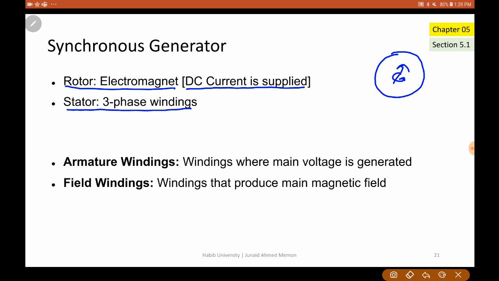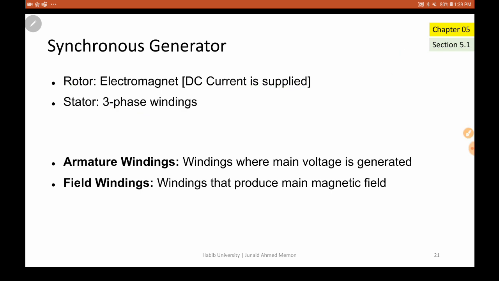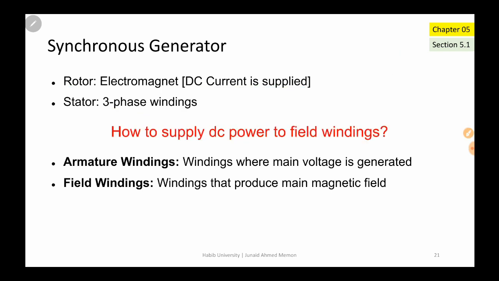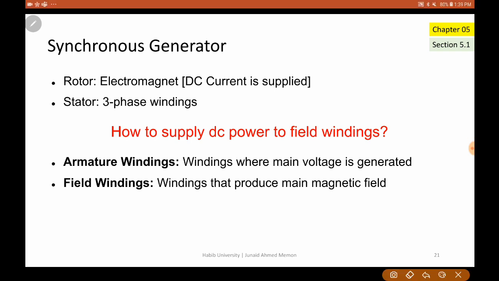The question that we started in the last class, and we want to continue on, is how do we supply DC power to field windings. To clarify, we want to supply the DC power to rotating field windings.